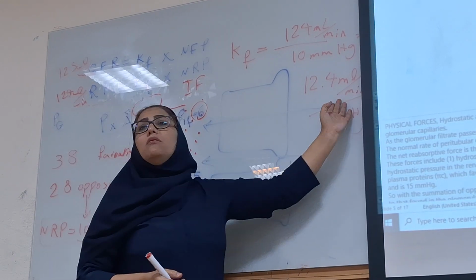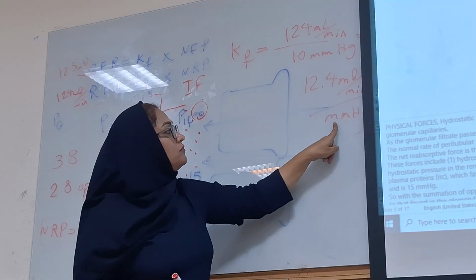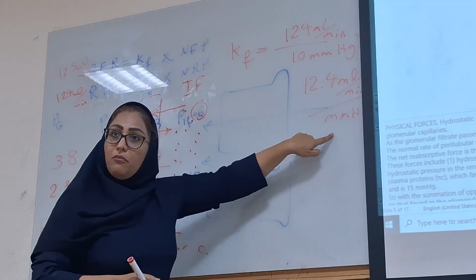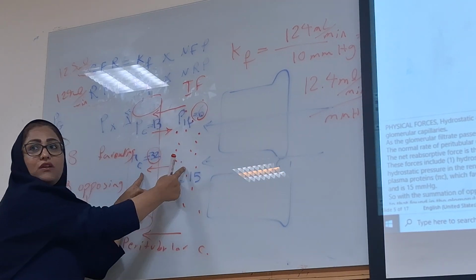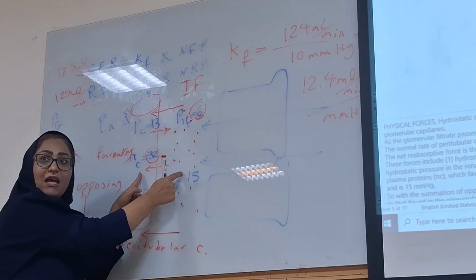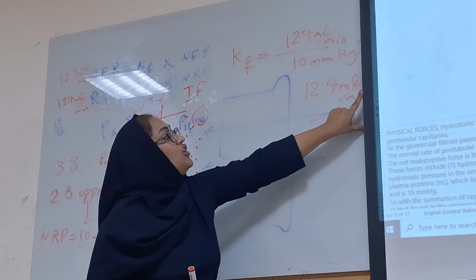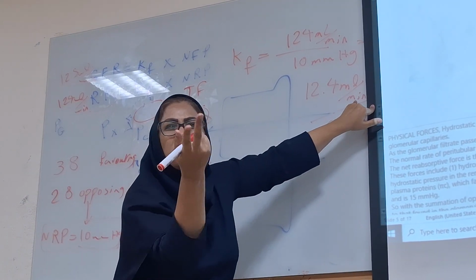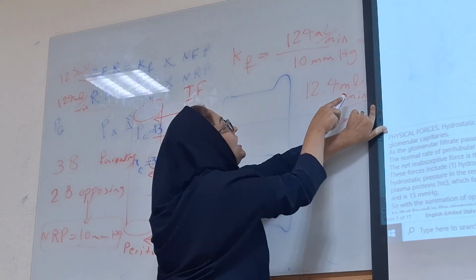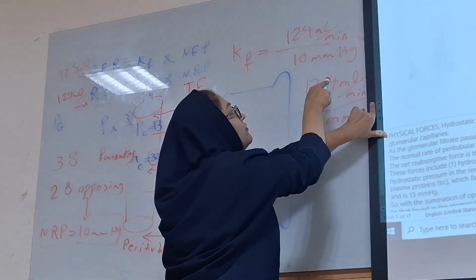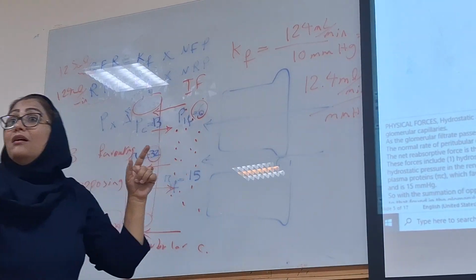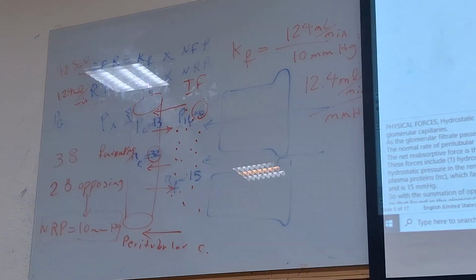And what does it mean? You have to define it just based on the formula. It means that for each millimeter of mercury pressure difference between the interstitial fluid and the peritubular capillary, in each minute 12.4 milliliters of fluid is reabsorbed.